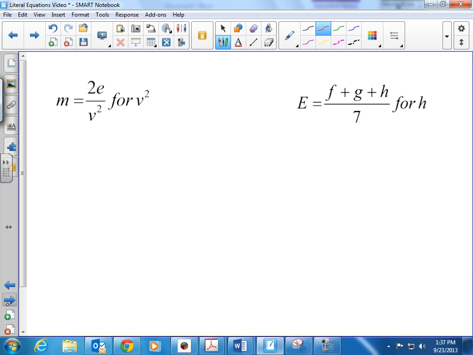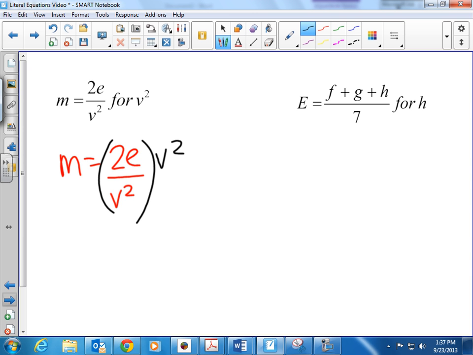The next one, I'm wanting to solve for v squared. M equals 2e divided by v squared. Again, my v squared is in the denominator, so I need to get it out of the denominator by multiplying each side by v squared. My v squareds cancel. I have v squared m equals 2e. I'm trying to get v squared alone.